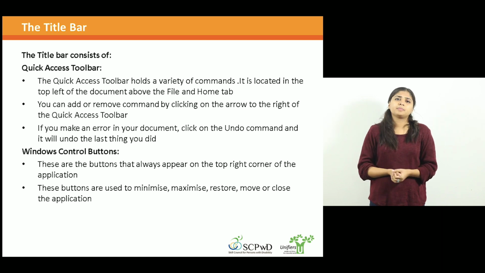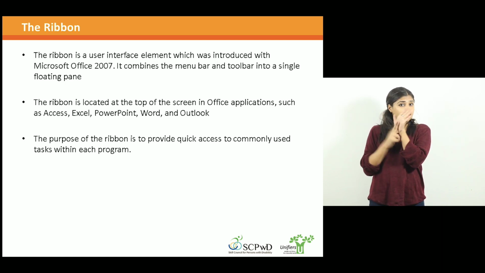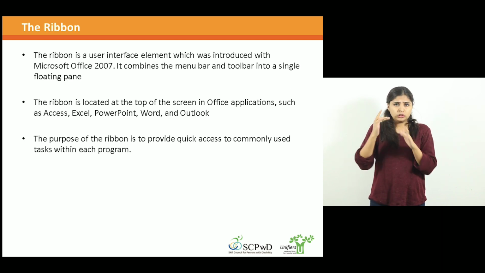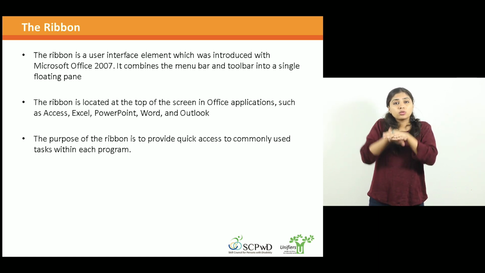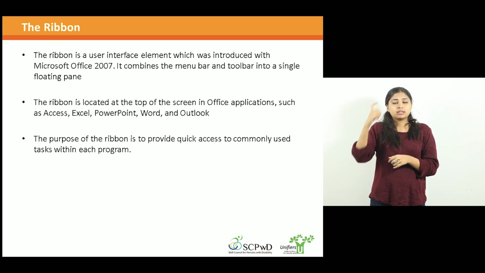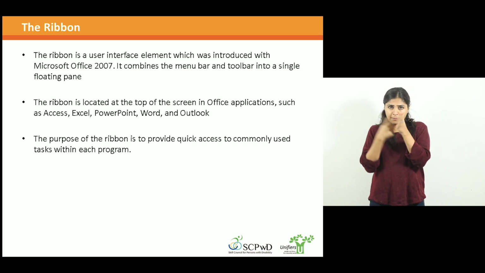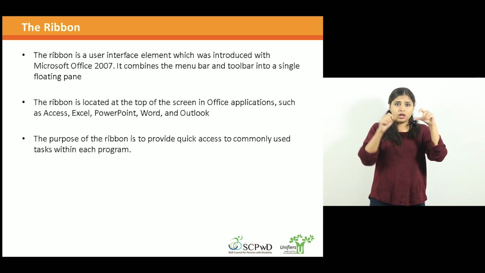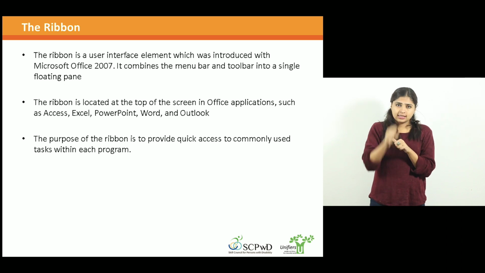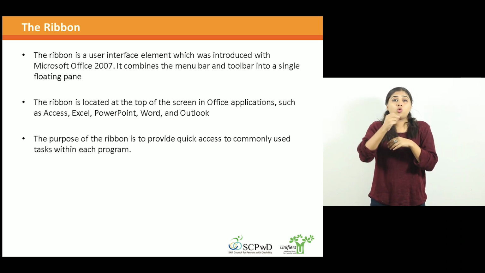The ribbon. The ribbon is a user interface element which was introduced with Microsoft Office 2007. It combines the menu bar and toolbar into a single floating pane. The ribbon is located at the top of the screen in Office applications such as Access, Excel, PowerPoint, Word, and Outlook.